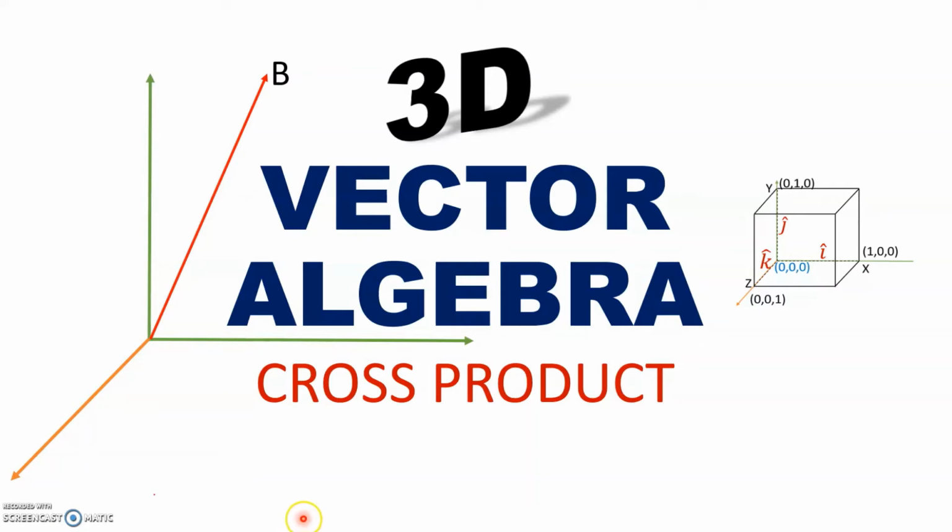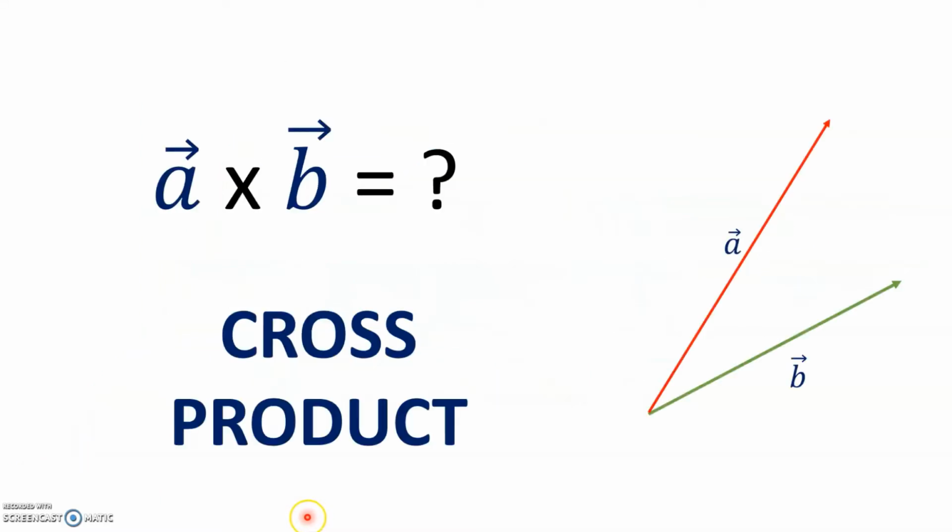In this video, we are going to understand the real meaning of the cross product of two vectors. So let's consider two vectors, A and B, and what will be the cross product if we have to express them as another resultant vector.